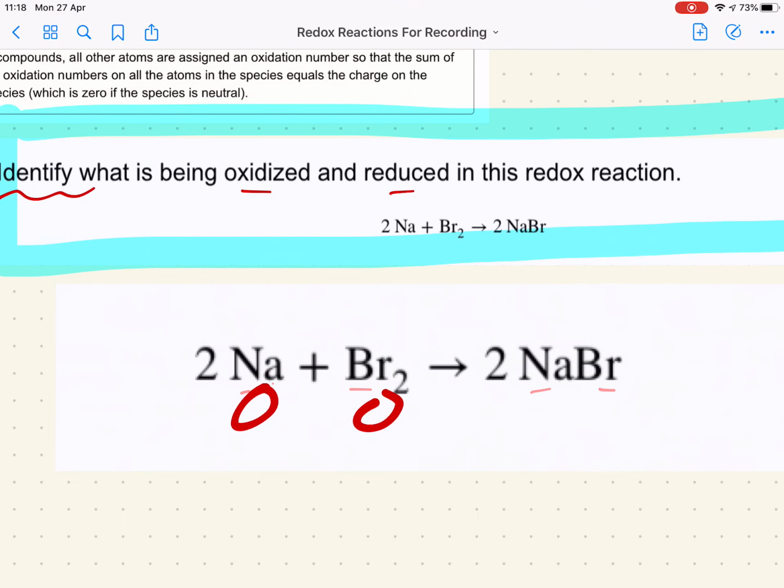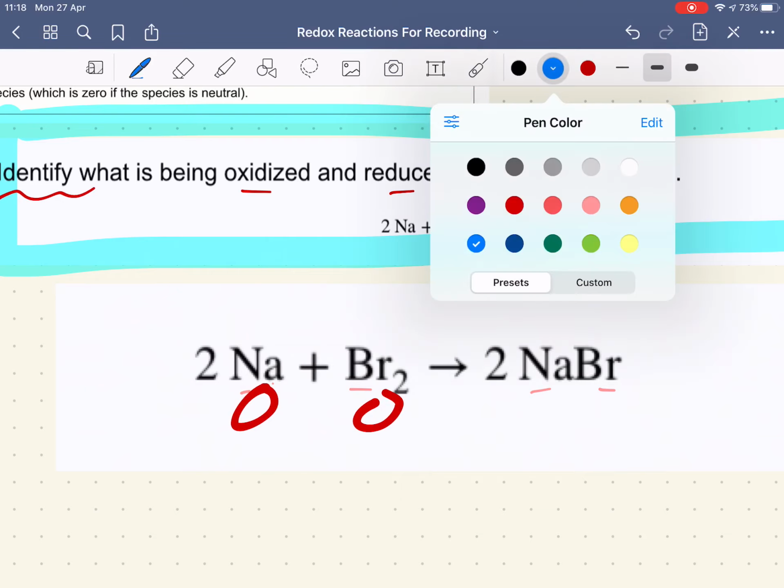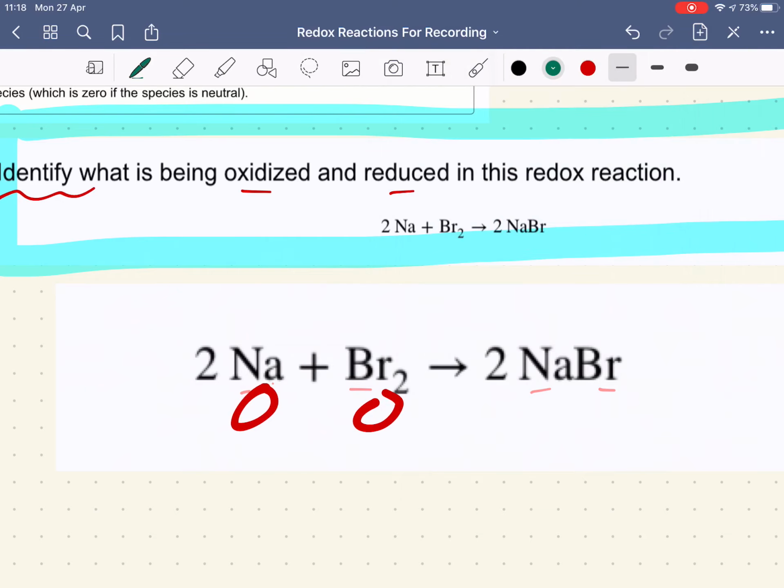What's the ionic charge of sodium? Coming from group 1, that's going to have a +1 charge. So that's going to look like Na plus, and Br from the halogens is going to be Br minus. So the charges are going to be +1, +1, -1.